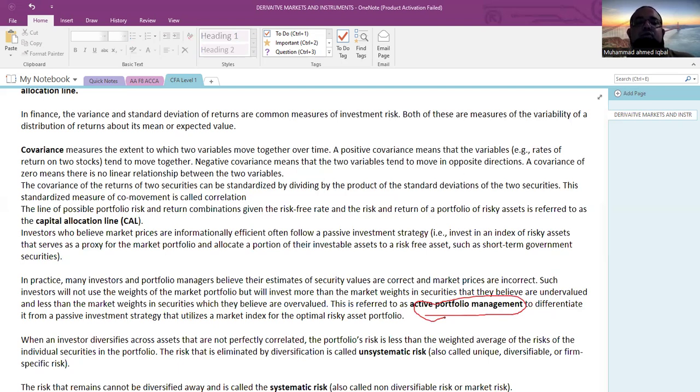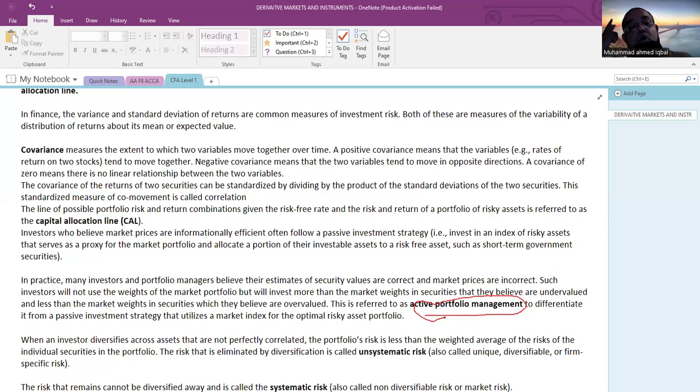They don't want to follow the return the index is giving. They have their own strategies. They think that they can fetch alpha, the return in excess of the normal portfolio return of the index, by their skills. They can identify stocks with high returns.